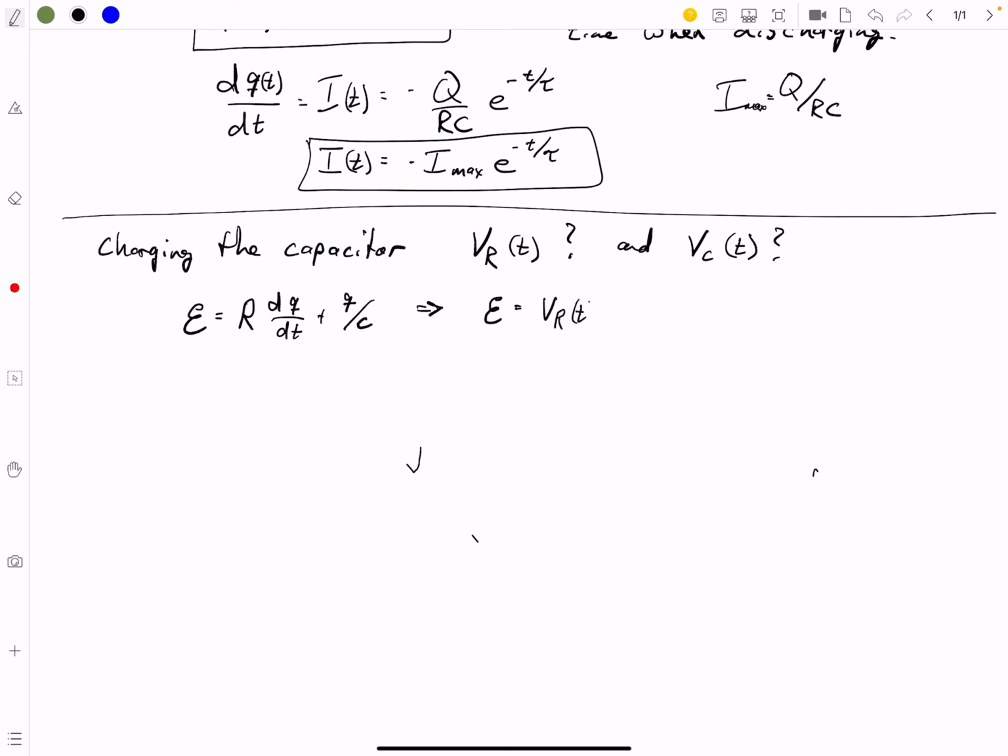We know that the voltage across the resistor plus the voltage across the capacitor is going to equal the EMF, okay? And we know that V equals IR. So our I max times R is going to be that EMF, okay? So far, so good.